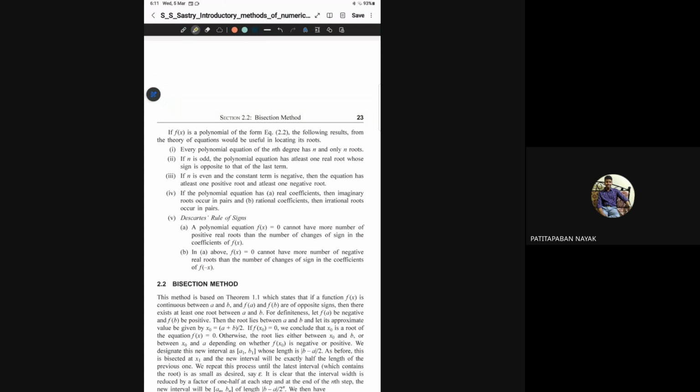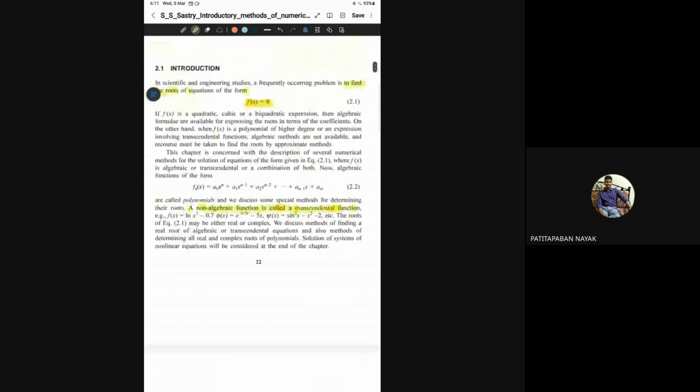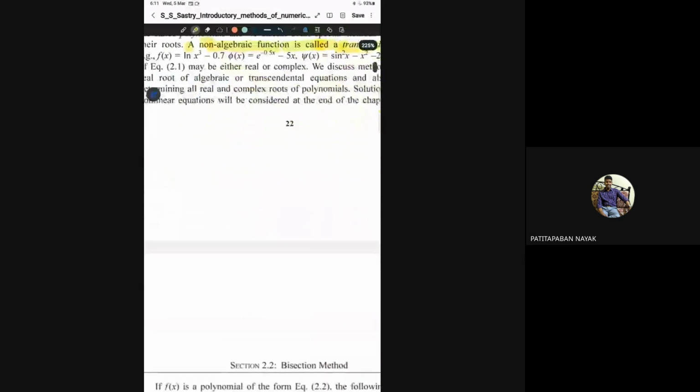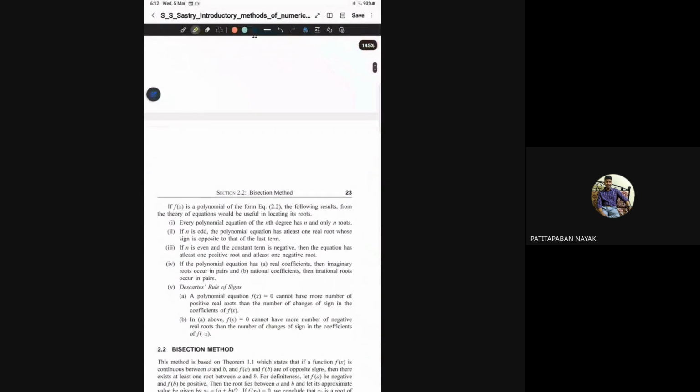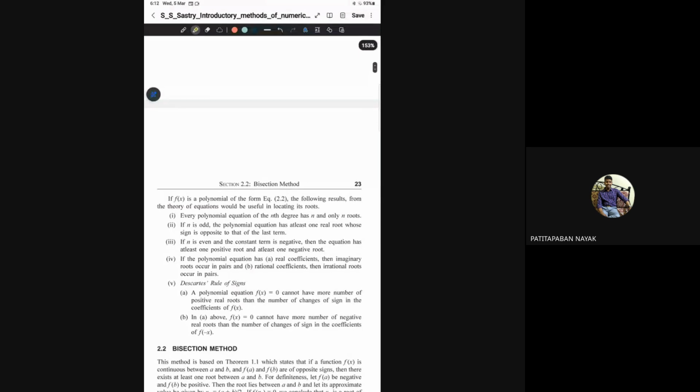So if f(x) is a polynomial of this form, a0 x^n, a1 x^(n-1), a2 x^(n-2), that kind of form, the following results from the theory of equations could be useful while locating the roots.